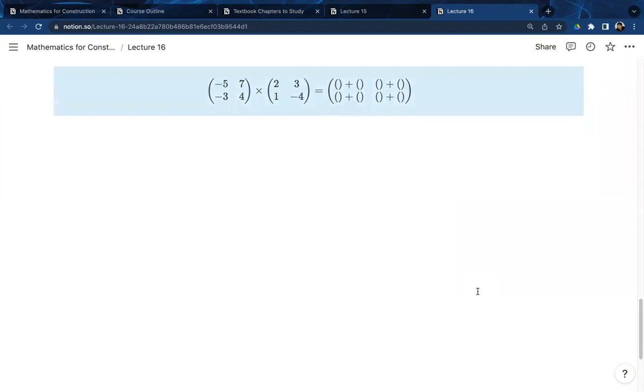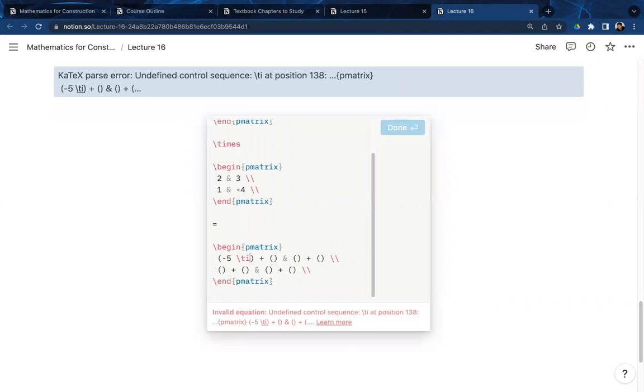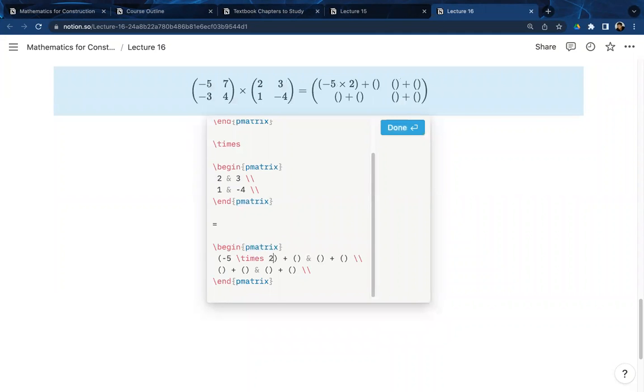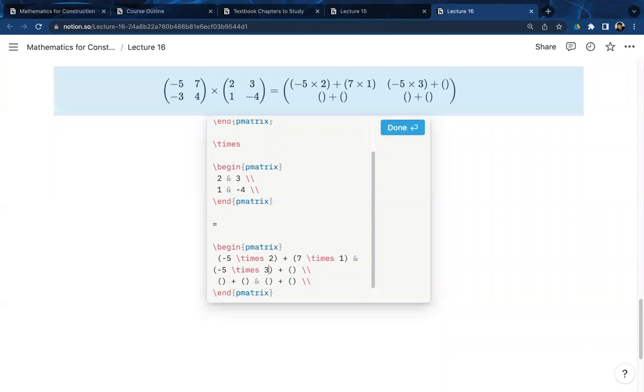Okay. Each element is the sum of two things. So this first element, this top left, is row 1, column 1. So 5, 7 by 2, 1. Right? So negative 5 times 2 plus 7 by 1. The top right is row 1, column 2. So row 1 by column 2. So negative 5 by 3 and 7 by negative 4.